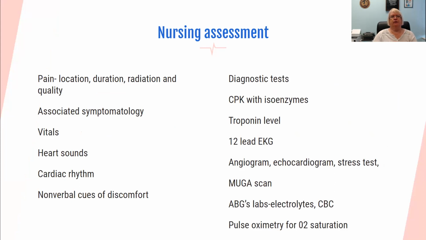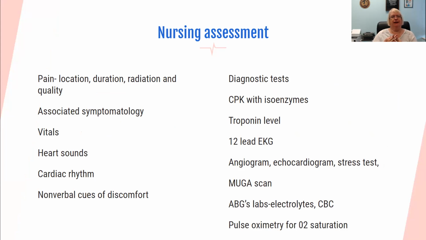So for the nursing assessment, you're going to need to get the pain as far as the location, the duration, the radiation, and the quality, and any associated symptomatology that goes with that. Vitals, heart sounds, get the cardiac rhythm, look at nonverbal cues of discomfort.